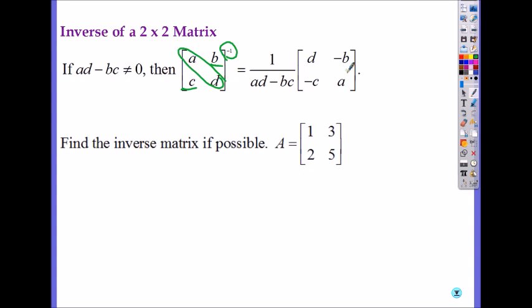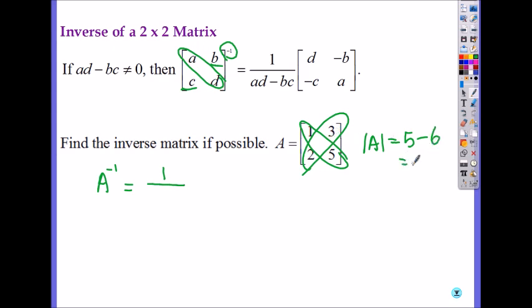So let's try it. What's the determinant of A? So the inverse of A, the inverse matrix, becomes 1 over the determinant of this. What is the determinant? 5 times 1, 5, minus 2 times 3, 6, which is -1.